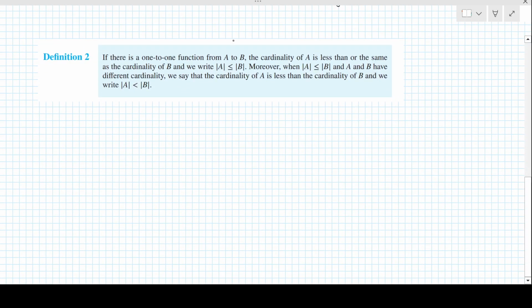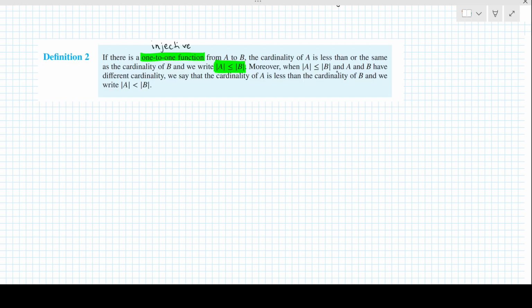It says that if there is a one-to-one function, and remember one-to-one means injective, from A to B, then the cardinality of A is less than or equal to the cardinality of B. That is, B has at least as many elements as A.